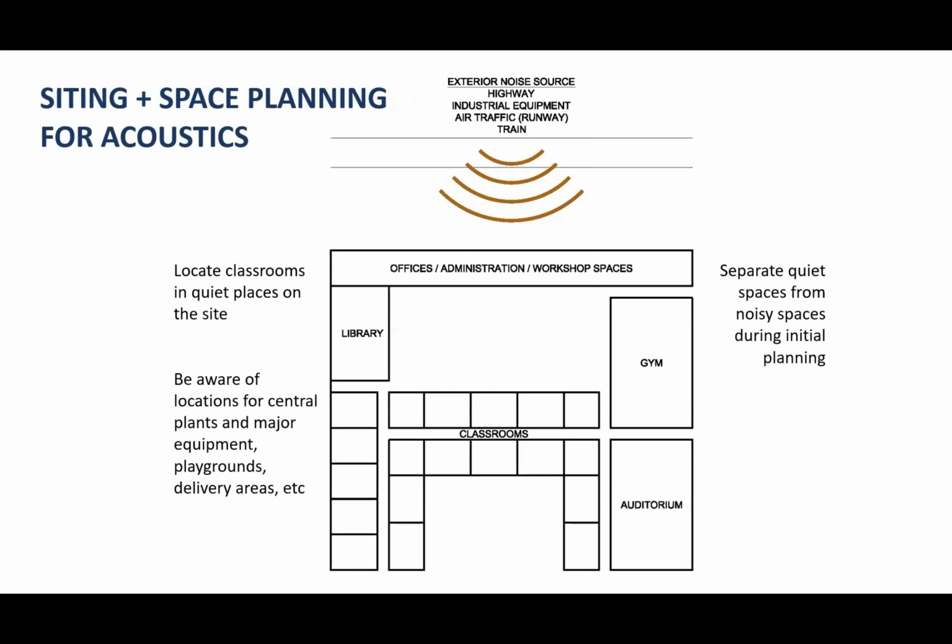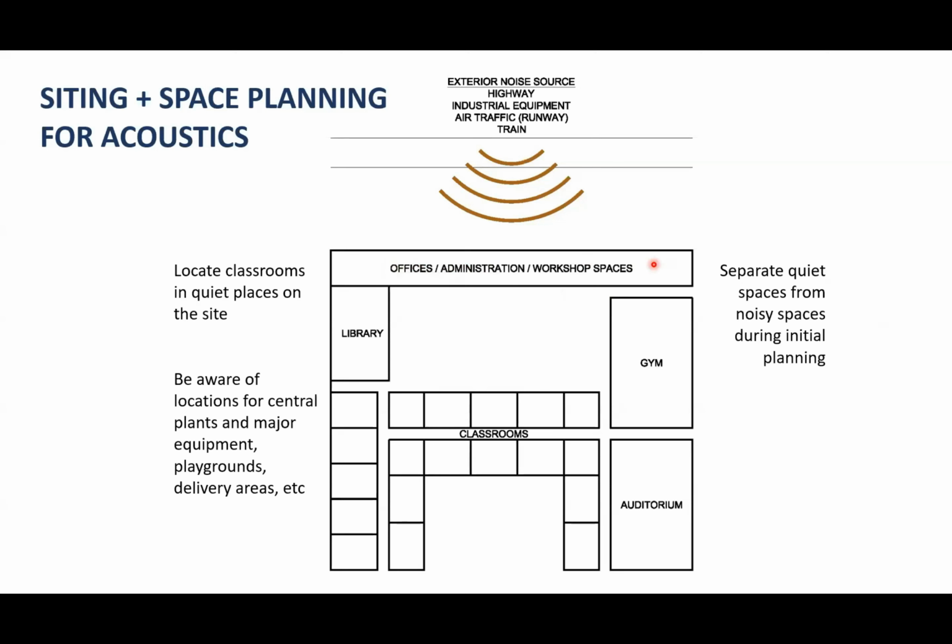If we have noise sources like highways or trains, those kinds of stationary noise sources, we might want to look at what we could do in terms of orienting the buildings to buffer some of the main classroom spaces, buffer maybe some of the performance spaces, so that there are buildings that act as noise barriers.